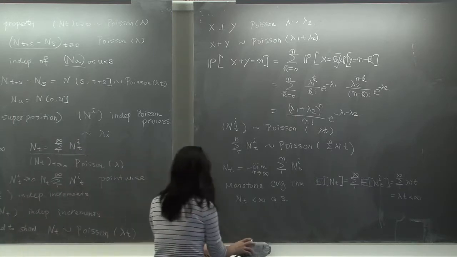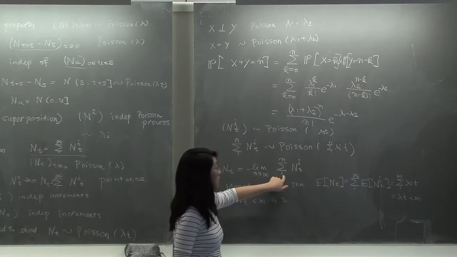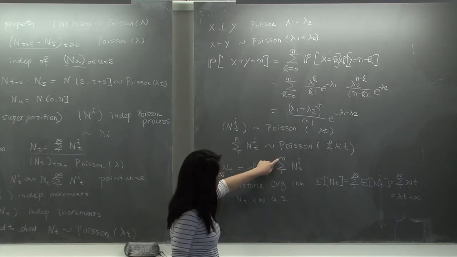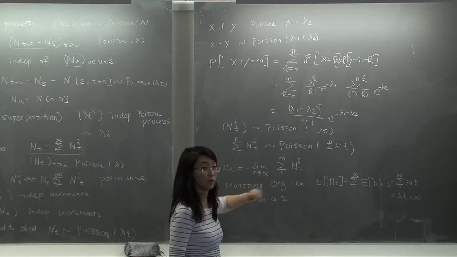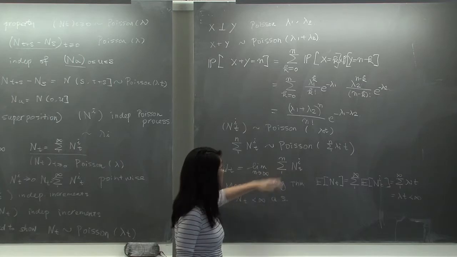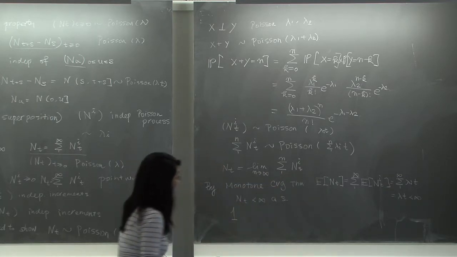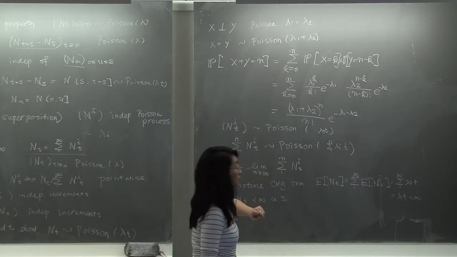And since N_T is the limit of this sequence, and each term just takes values in the positive integers, this tells us that if N_T is finite almost surely, it must coincide with some n.